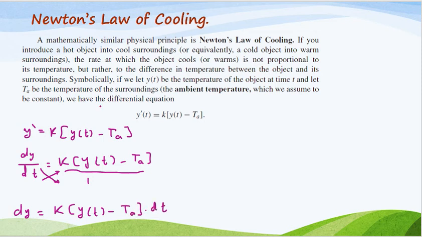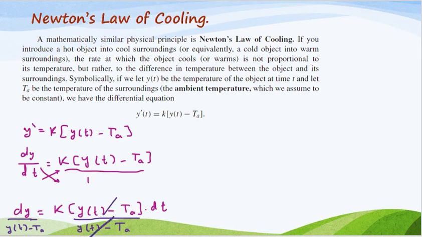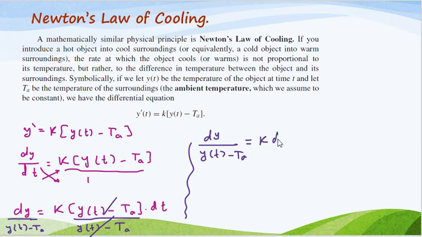Now we can divide both sides by the difference y of t minus Ta, and cancel, to get dy over y of t minus Ta equal to k dt.